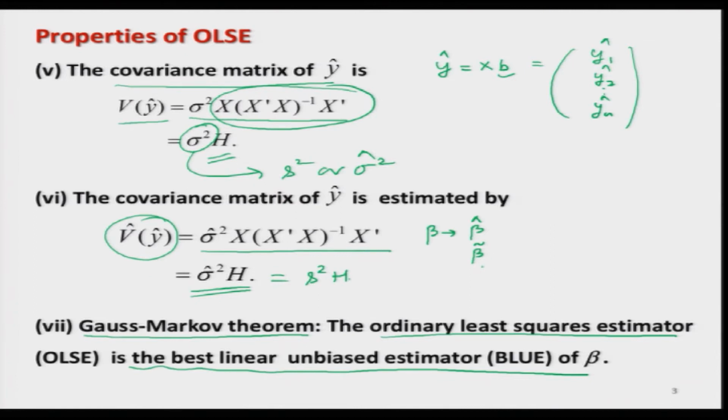Similarly, somebody suggests another estimator, indicated by beta star, and so on. Suppose there are so many estimators for estimating the same parameter, that can happen. Somebody may like to use the arithmetic mean to estimate the population mean, somebody may use the median or mode or harmonic mean, geometric mean to estimate the population mean.